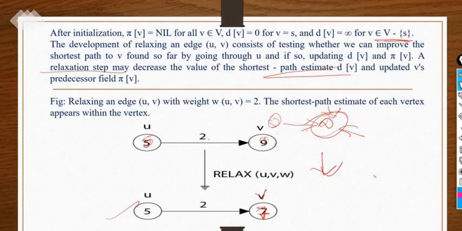We can reduce this shortest path estimation of 9 to 7. This type of thing is known as relaxation of the edge. We have to further check thoroughly whether we can do the relaxation further, and it will repeat until there is no option left to do the relaxation in the edge weight, right? So this is the relaxation that we will use in further algorithms also. I hope it is clear.